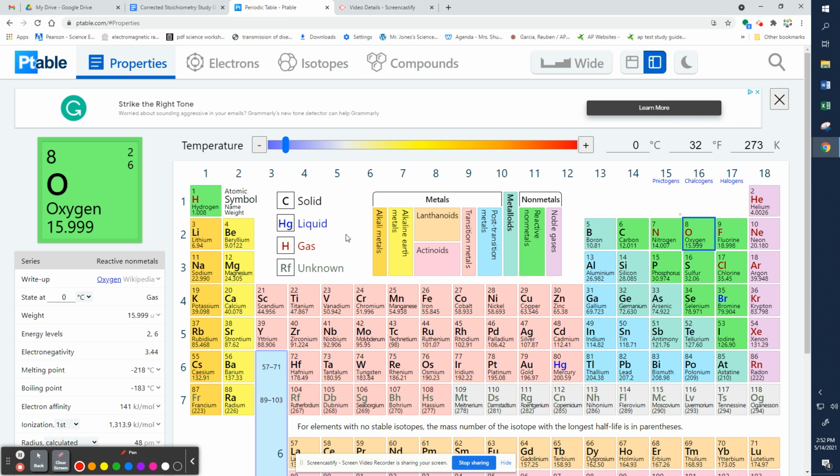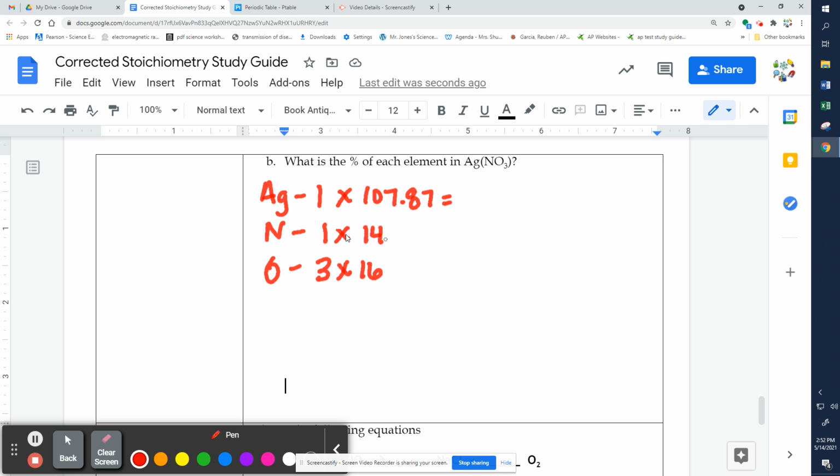Nitrogen, 14.01. So remember, multiply each piece out. And then we're going to add everything together. So you get a total of 169.88.